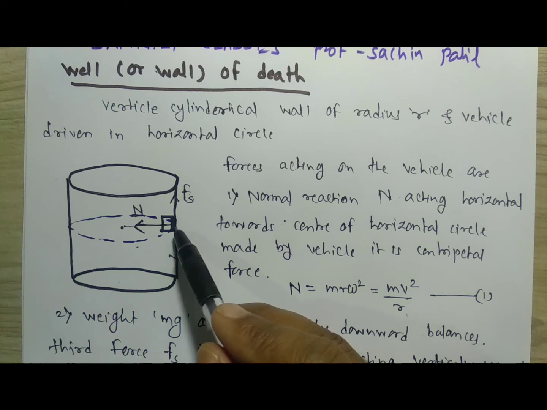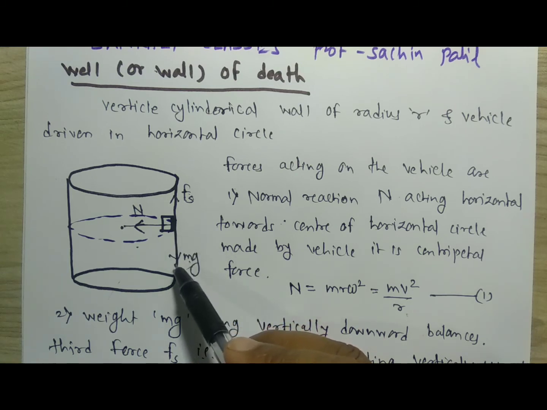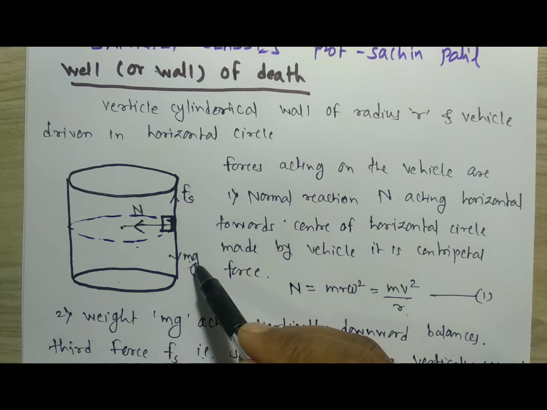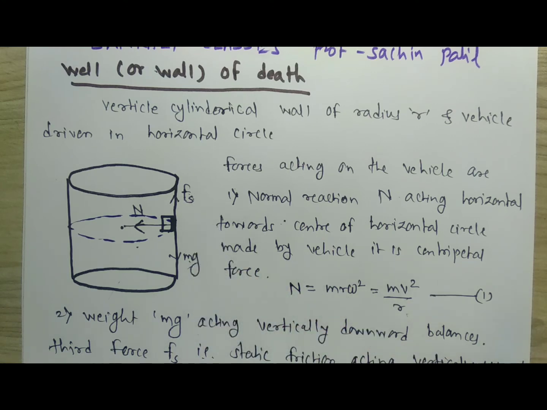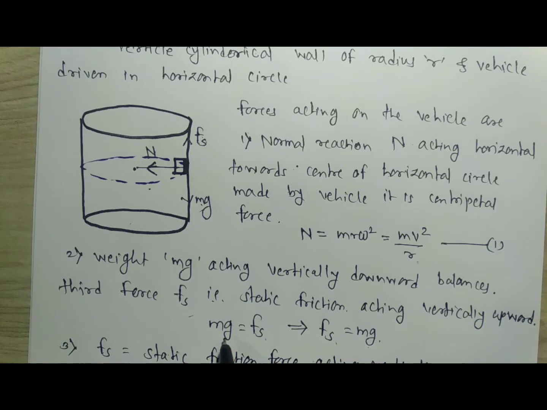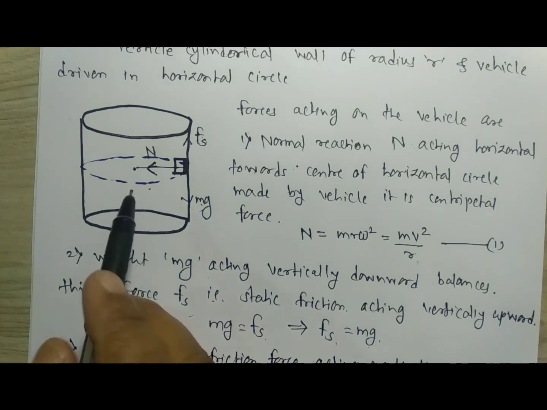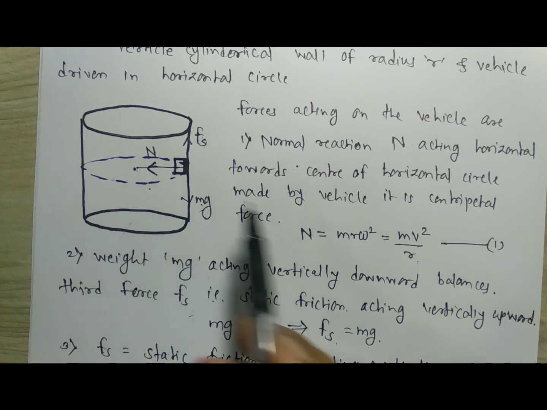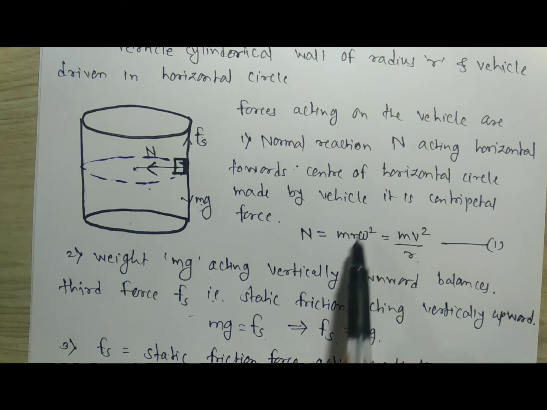Mg is the weight of that vehicle, acting in the downward direction, and it balances the friction force, and therefore Fs is equal to mg, or mg is equal to Fs, and a normal reaction which is acting toward the center, and therefore it gives the centripetal force.